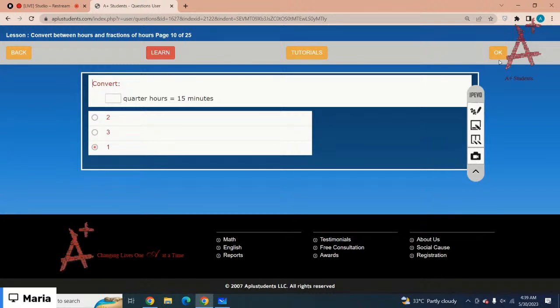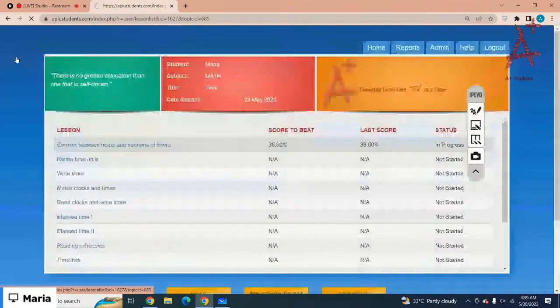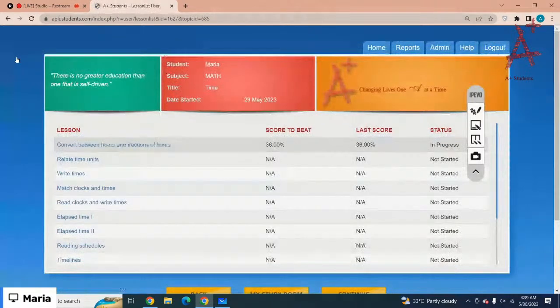Okay, you can complete the test by yourself later today. Let me move on to the next lesson. That would be relate time units. Let's start with the next lesson.